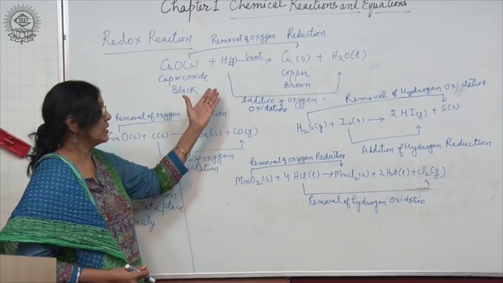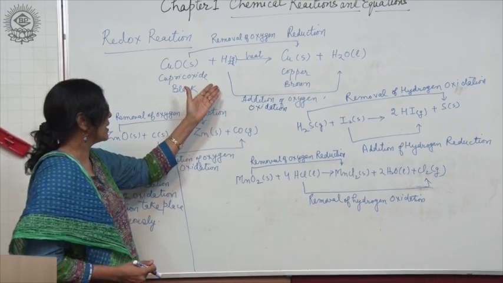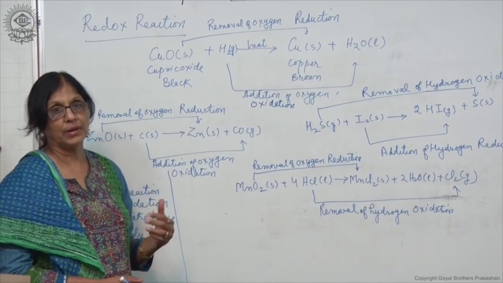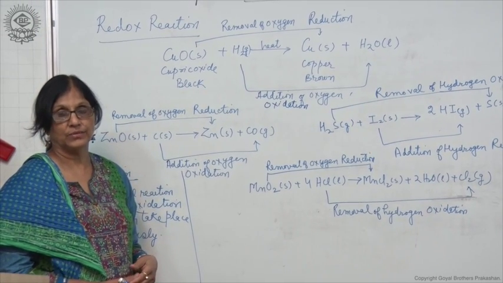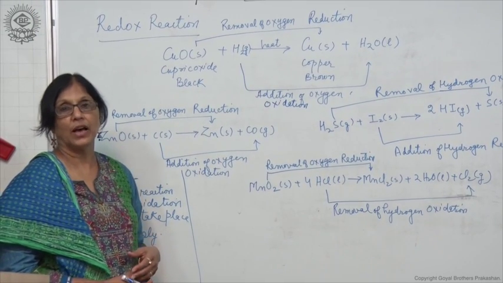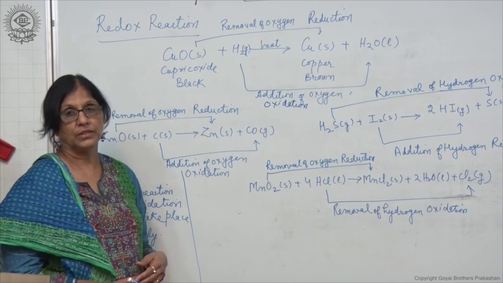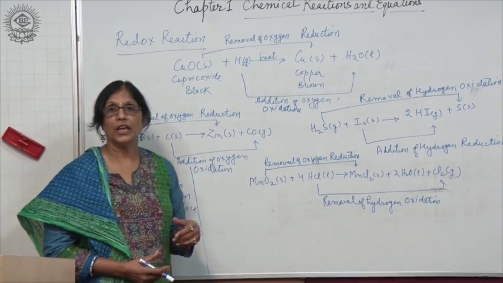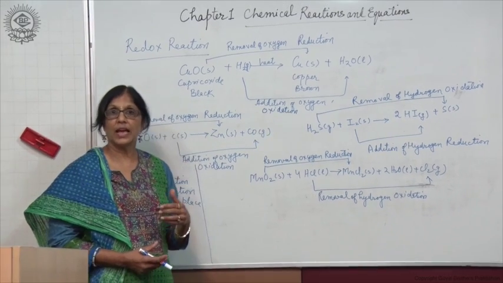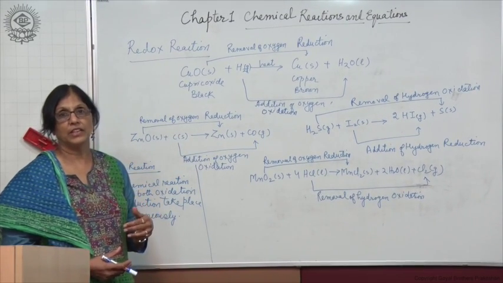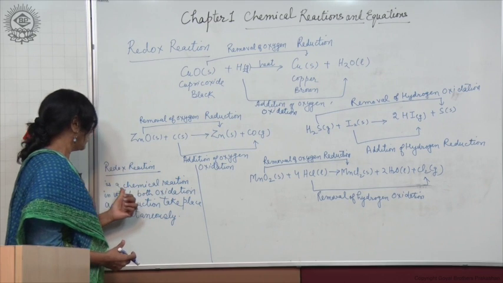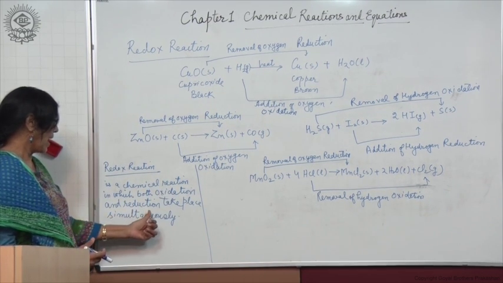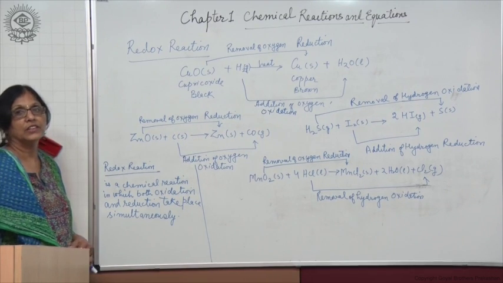So, you can very well see yourself that in this particular reaction both oxidation and reduction are taking place simultaneously in the same reaction, and such type of reactions are called redox reactions. So, a redox reaction is a chemical reaction in which both oxidation and reduction take place simultaneously. So, this is the definition. Redox reaction: chemical reaction in which both oxidation and reduction take place simultaneously.